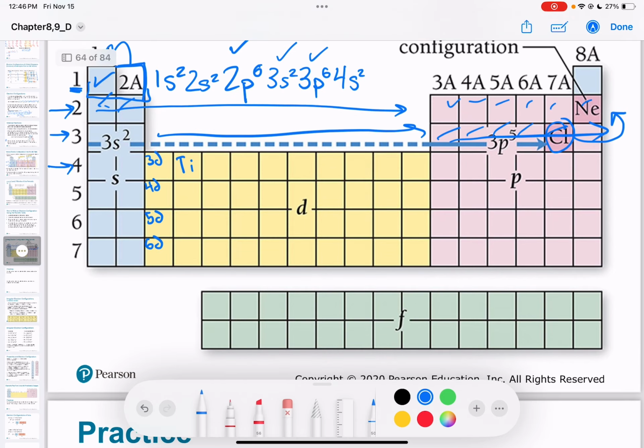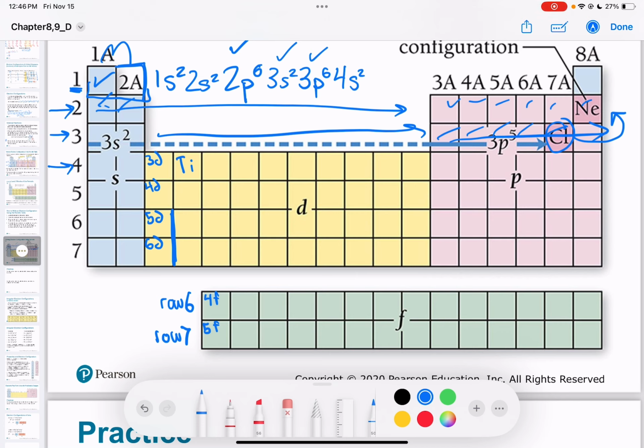The Fs are actually 2 below their row. So the Fs fit right here. And so this is technically row 6 and row 7, but this will be 4F and 5F. Okay? This is how it should look.